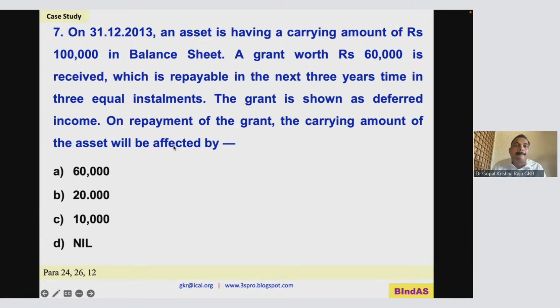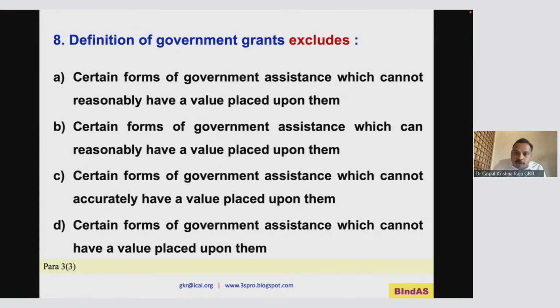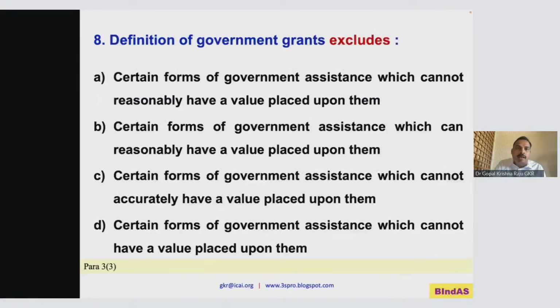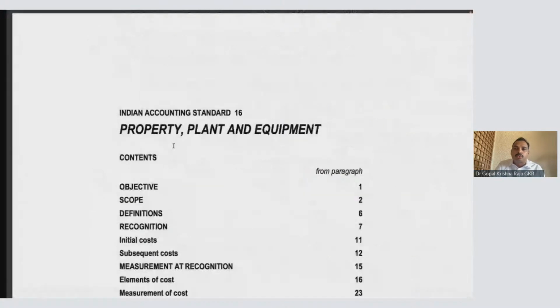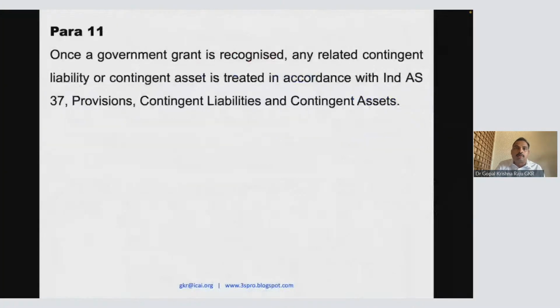Okay. So the definition of government grant excludes. We already saw this. Where is it? The government grant excludes. This is your government grant.